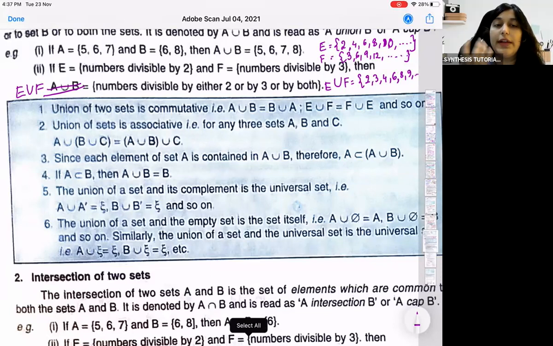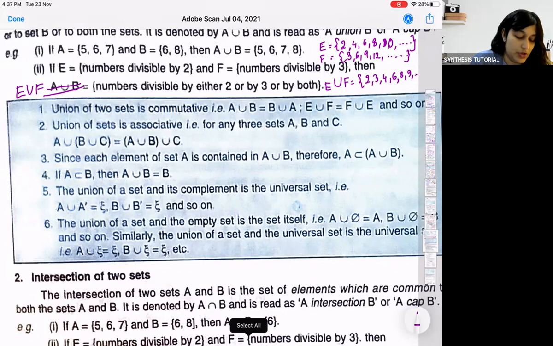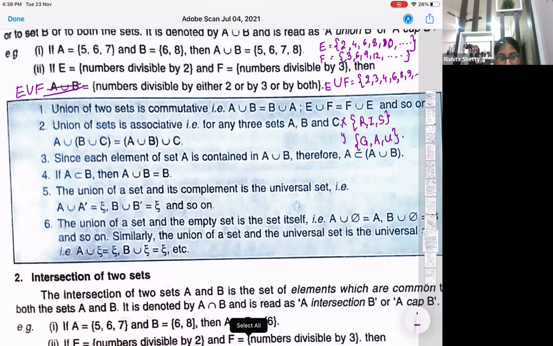No, there's no need for there to be a common element. Union is an operation that you make, Prishita. For example, let's say there is a set named RIS, ये इसके elements है, and दूसरा set है GAU, ठीक है. अब इसमें कोई भी common elements है क्या ये दो sets में?